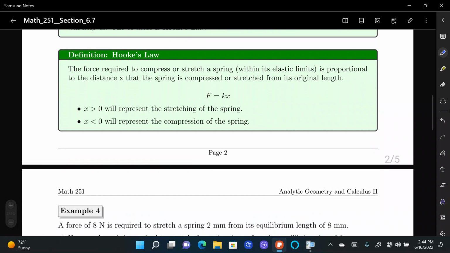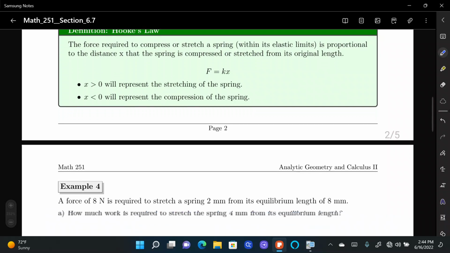And well, in this case, for the values of x from its natural length, whenever x is a positive number, we're stretching the spring. But otherwise, when x is negative, we are compressing the spring.